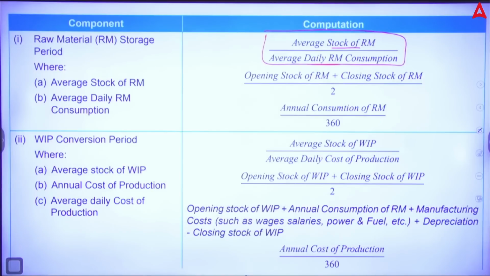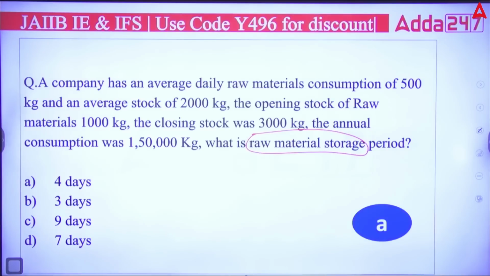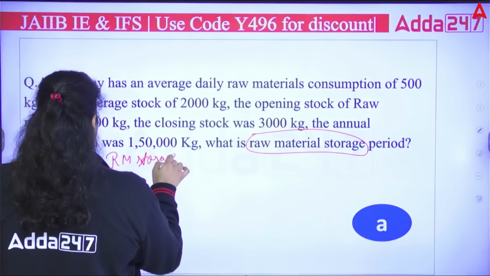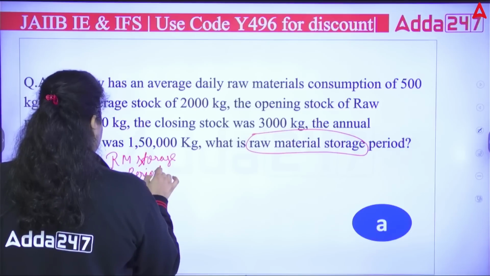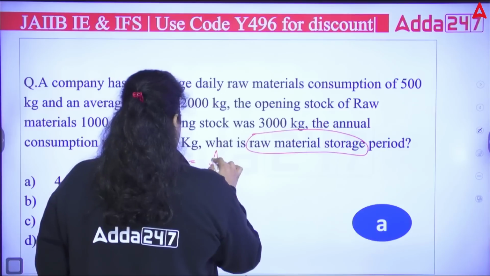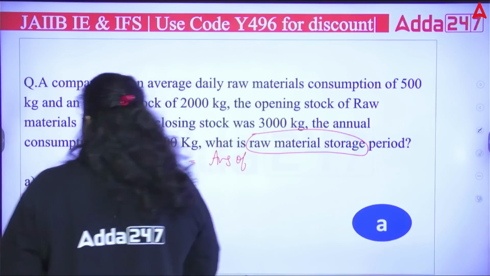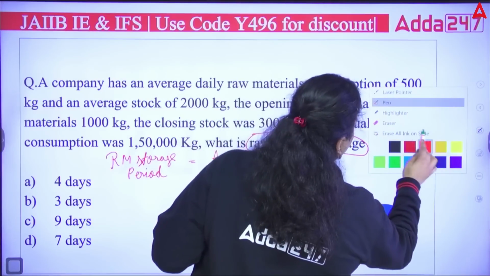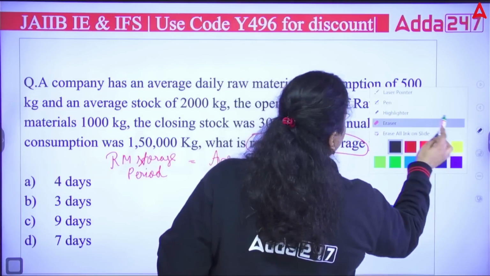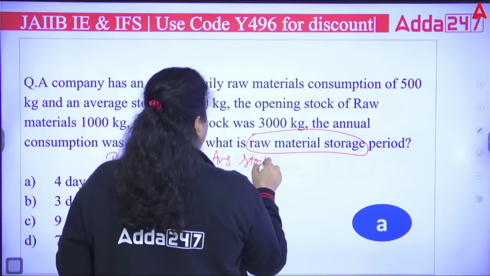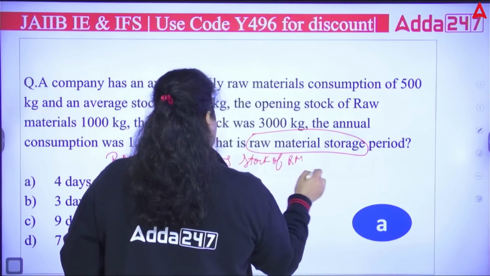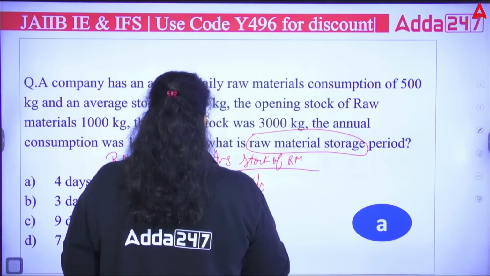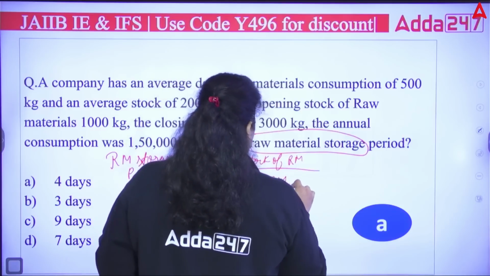Now let's move forward. To calculate the raw material storage period, we have just seen the formula: the average stock of raw material divided by your average daily raw material consumption.